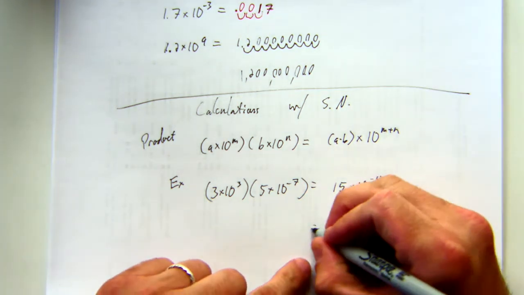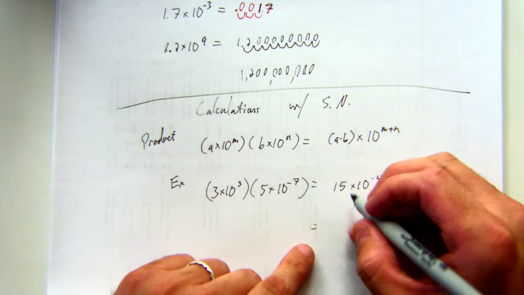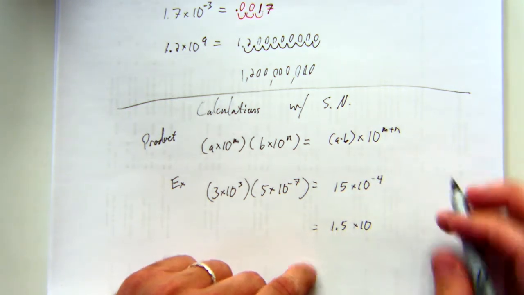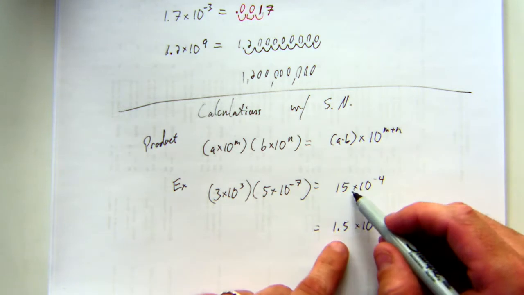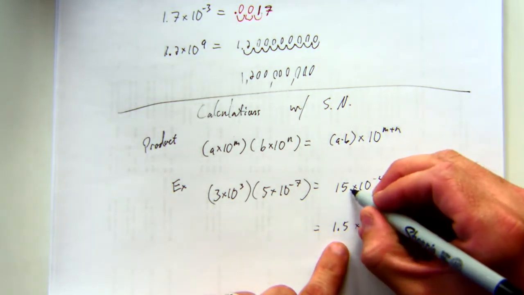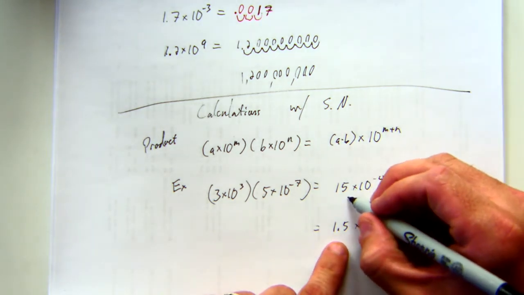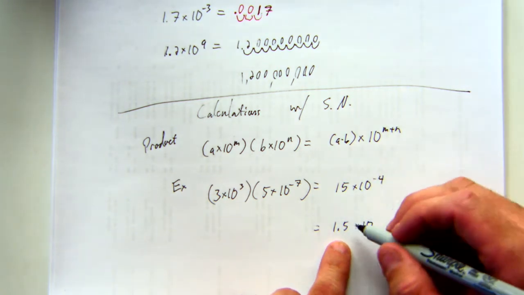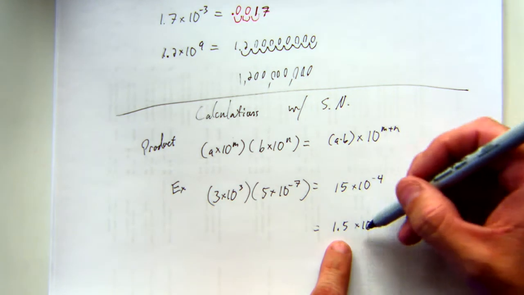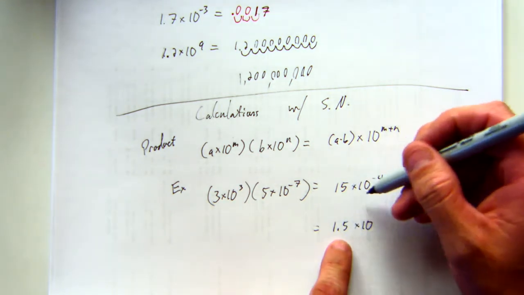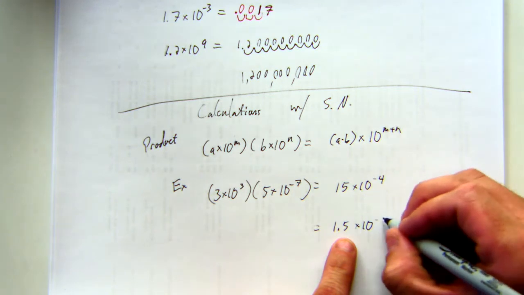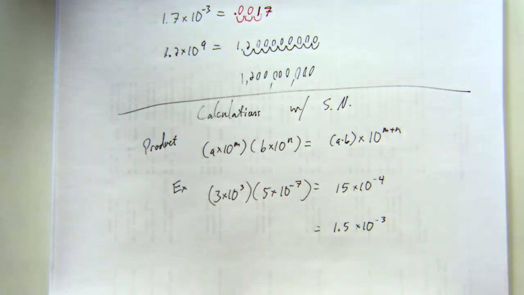I want to write it in scientific notation, so I can write this as 1.5 times 10 to the, now let's think about it, what did I do with the decimal? I moved it to the left, so if I wanted to move it to the right from here, I'd have to multiply this by an extra 10, so I think this would be to the negative third.